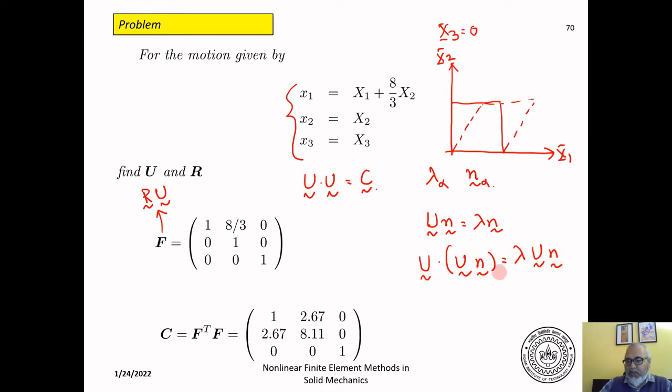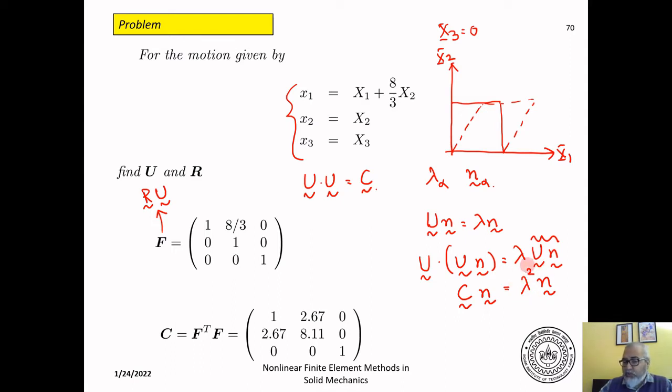Now Un is again lambda n, so this would be equal to lambda squared n, and U times Un is equal to C times n, which follows from the fact that U dot U is equal to C. So what this shows is C has the same eigenvectors as U, but its eigenvalues are the squares of those of U. So if we take C and find its eigenvalues, we get the lambda squares.